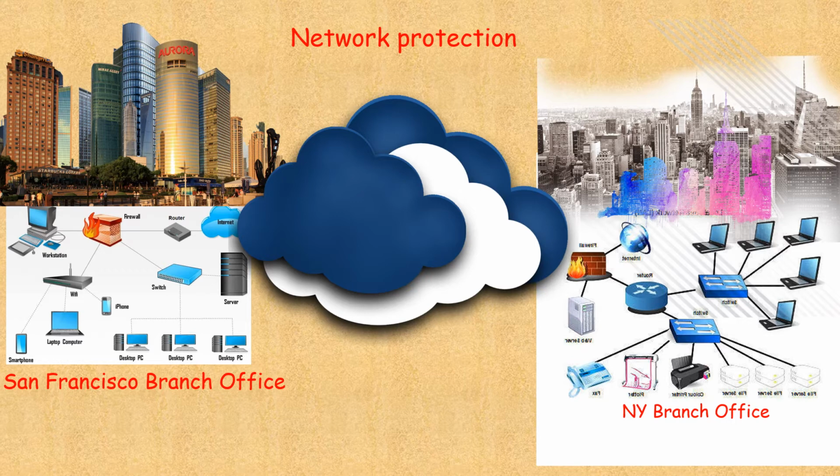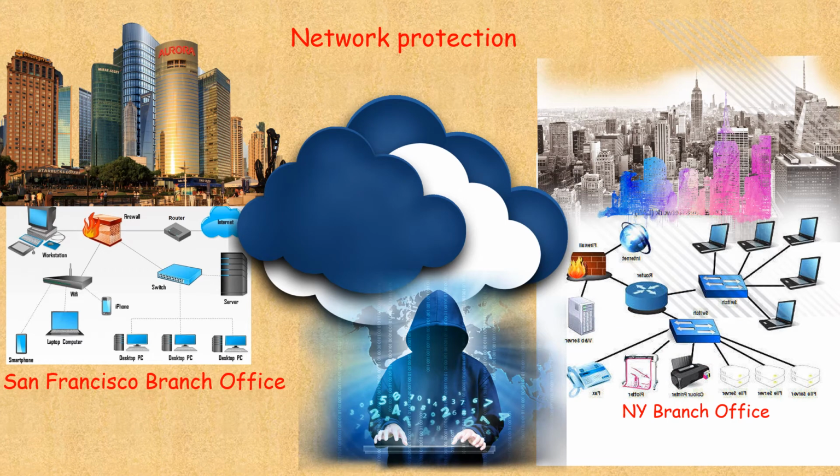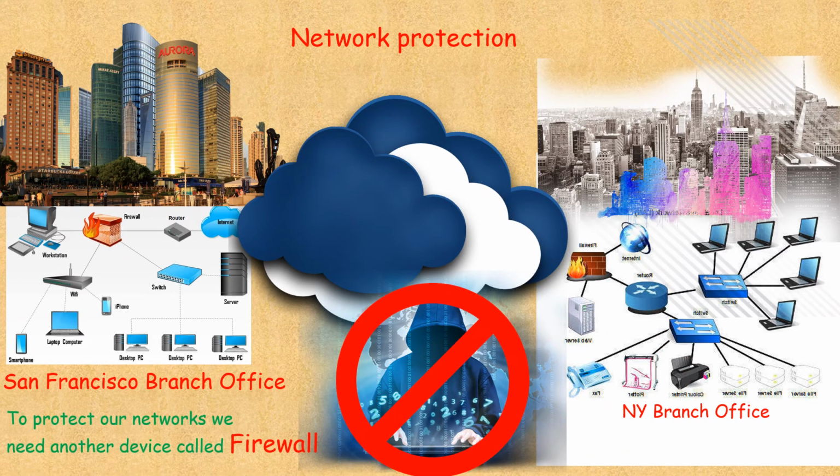Although this is a very good merit we are getting from the internet, nevertheless, this may lead to another big issue, because not only authorized people can access our PCs or servers located in the New York or San Francisco offices. However, anybody connected to the internet sitting at any place in the world can also access them, and may cause harm by erasing important files or information, or even get unauthorized access to personal information which nobody should get, or may even destroy valuable data.